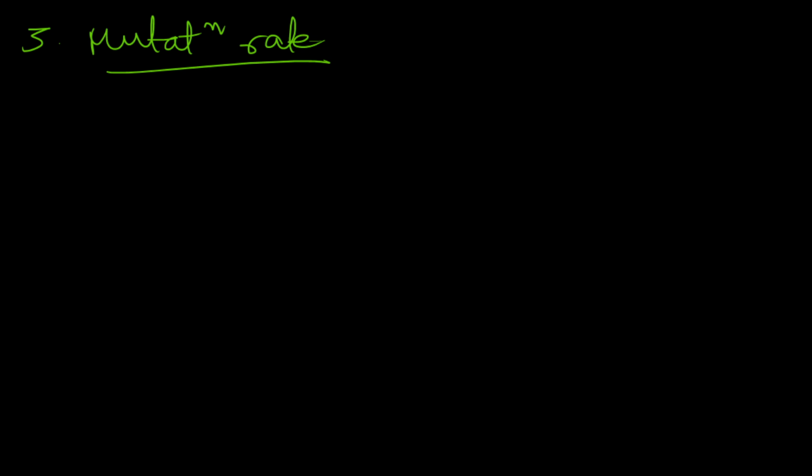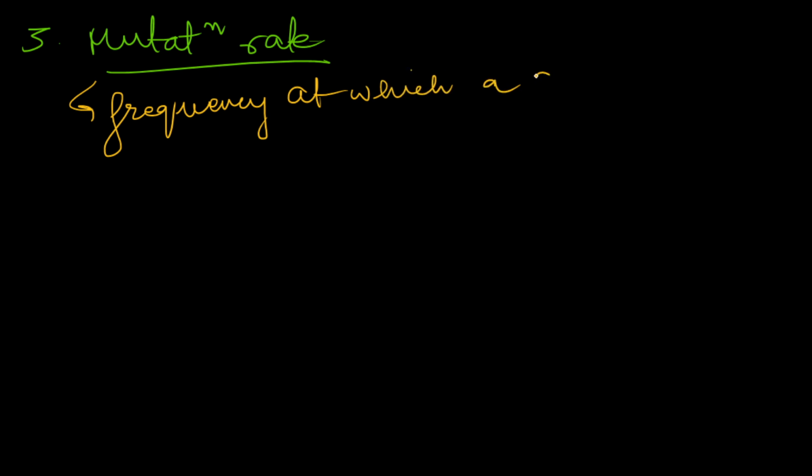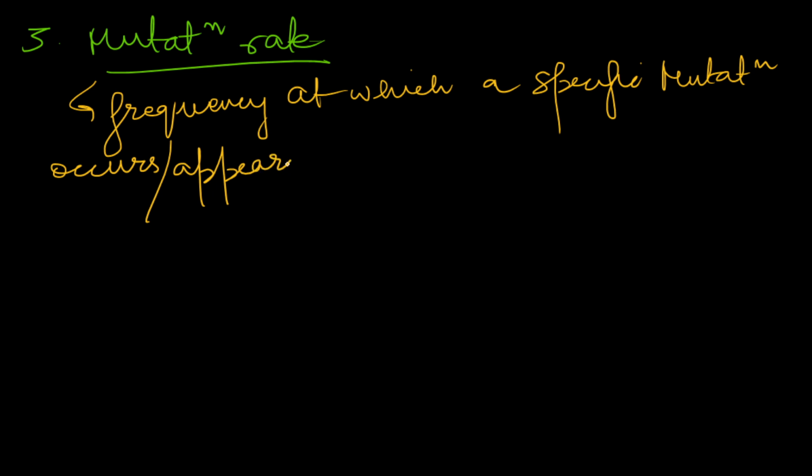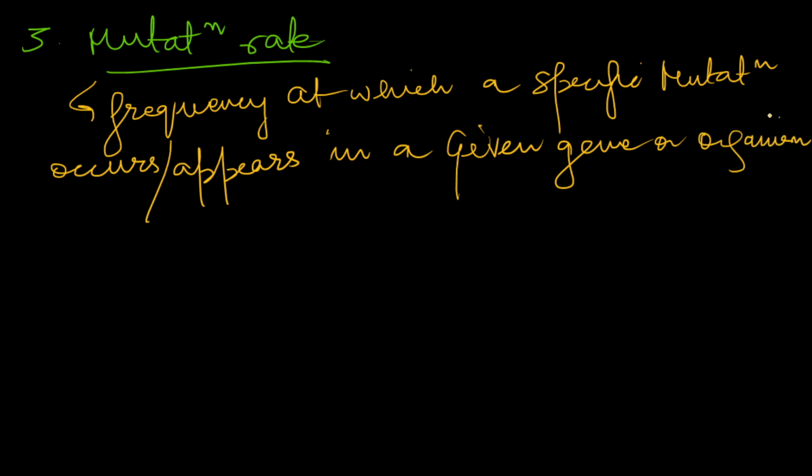It is the frequency at which a specific mutation occurs, or you can say a specific mutation appears in a given gene or organism over time.